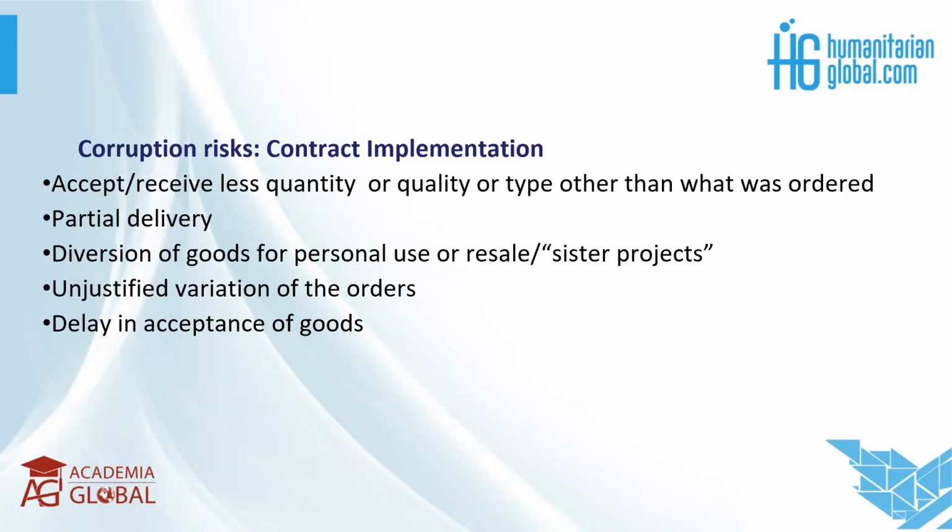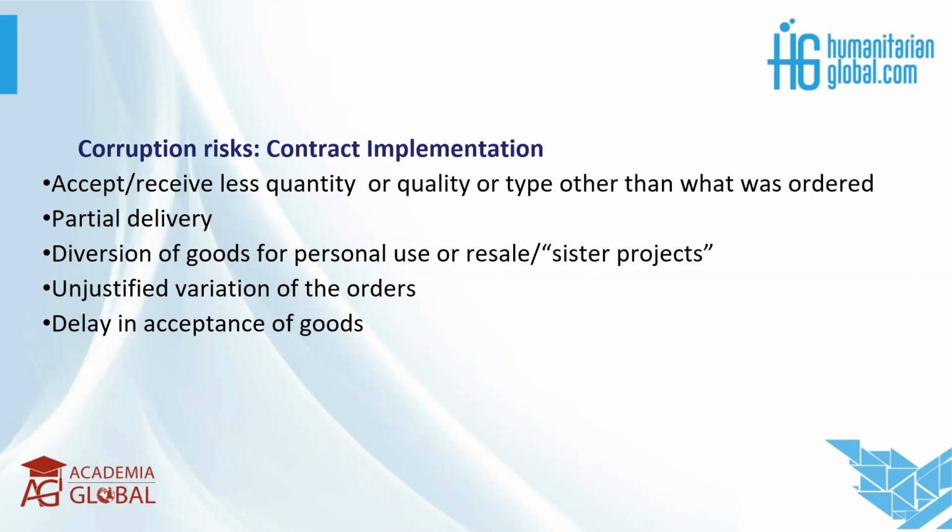So when we divert goods for personal use or for resale or for sister projects, that's a corruption risk. And I think that is happening much more than it's supposed to in the procurement industry, that people are just diverting goods and resources towards sister projects and personal benefits.